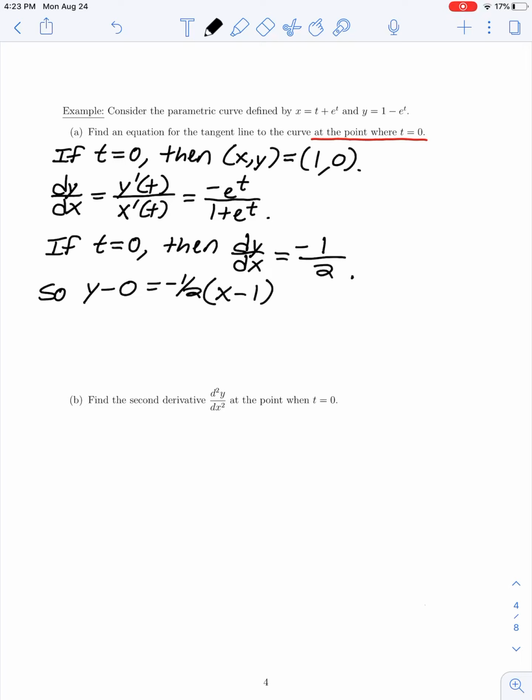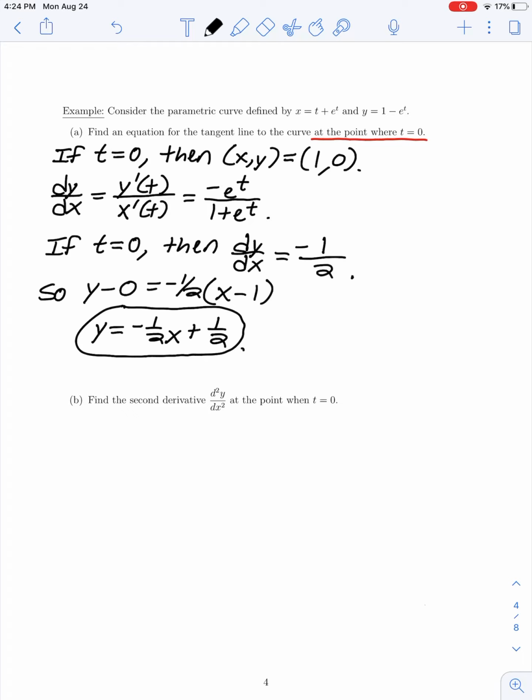So simplifying just a little bit, we have y is equal to negative 1/2 x plus 1/2. So this is the equation of that tangent line to the curve in slope-intercept form.